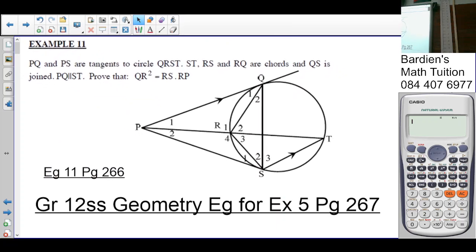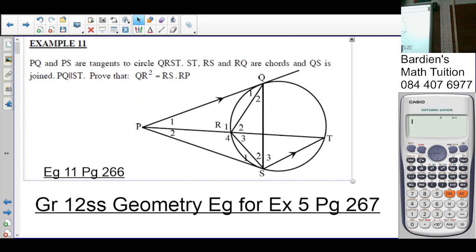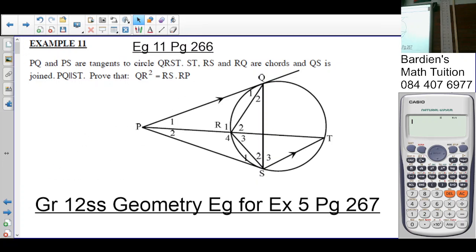So let's do this. In example 11, we are told that PQ and PS are tangents to the circle PRST. Okay. So let's pause the video quickly and align the board.